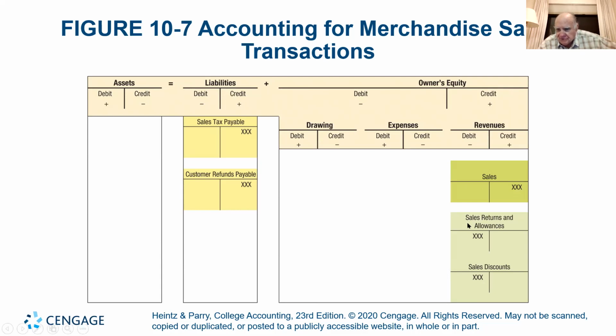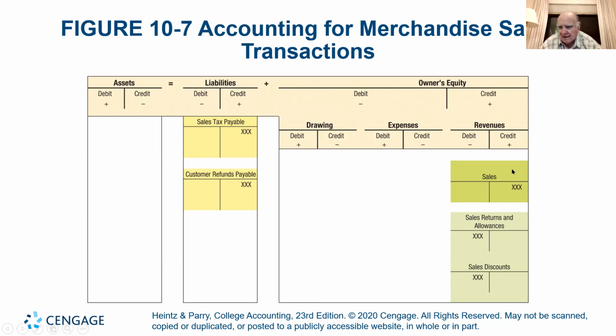These are sales accounts, but they carry a debit balance. They're outliers. This is the same exact thought process as accumulated depreciation. Just like we never credit the original cost of a piece of equipment or a building or land, here you never debit the sales. You're never going to decrease that number on our general ledger.